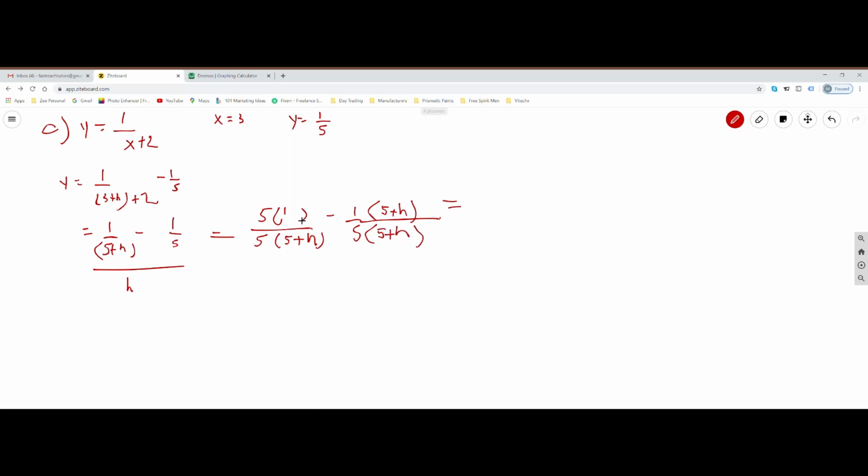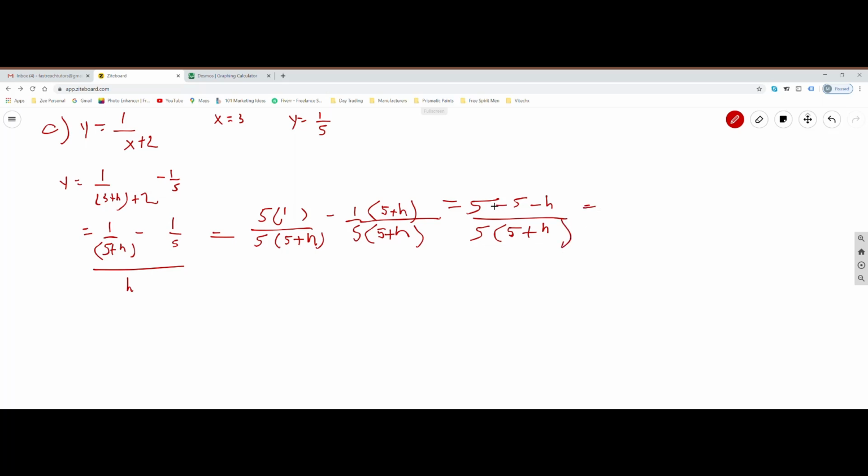equals, so we have 5 minus 5 minus h over 5 plus h.